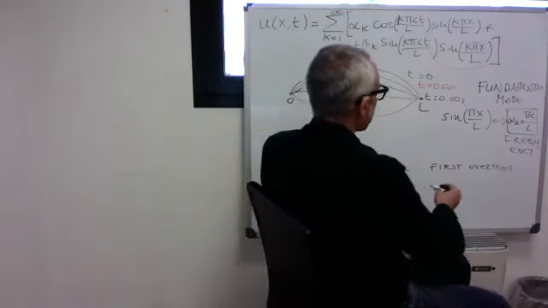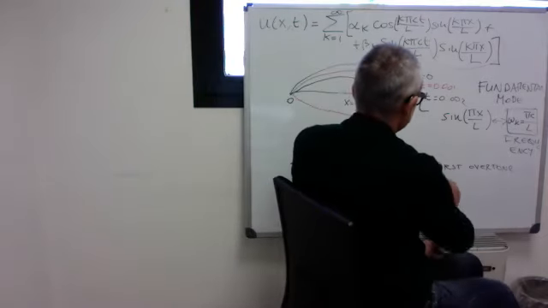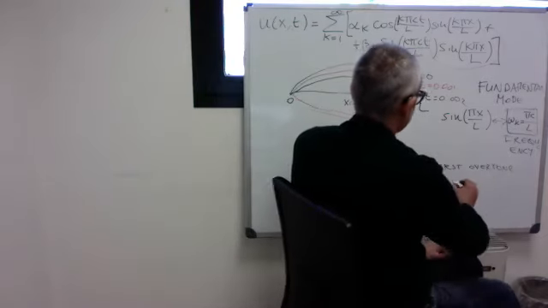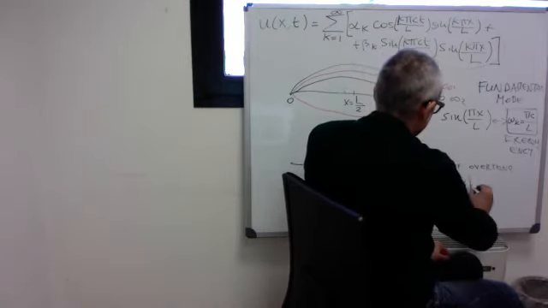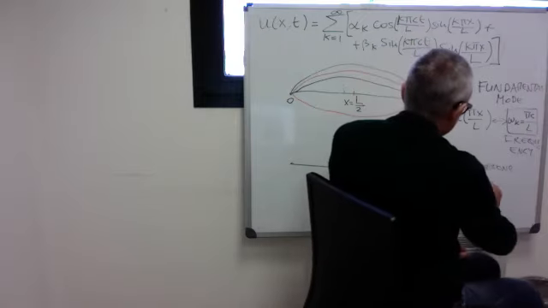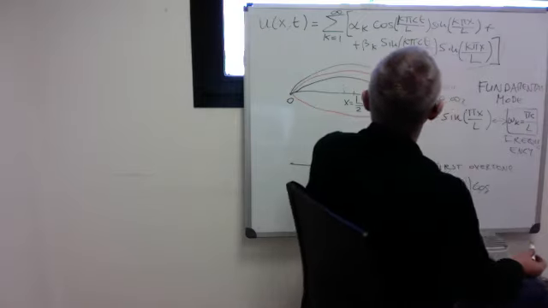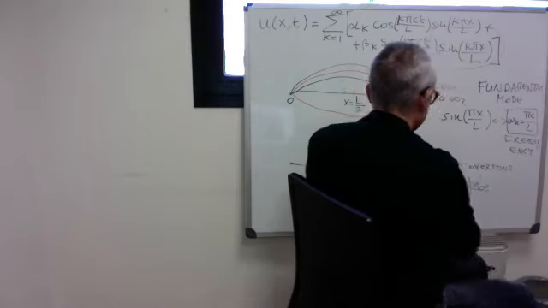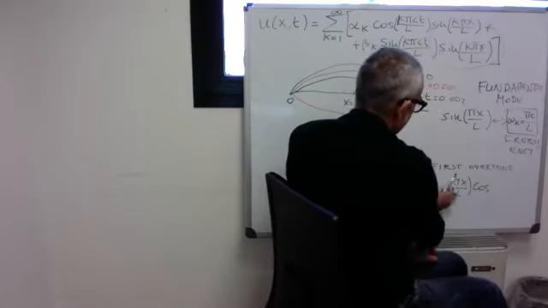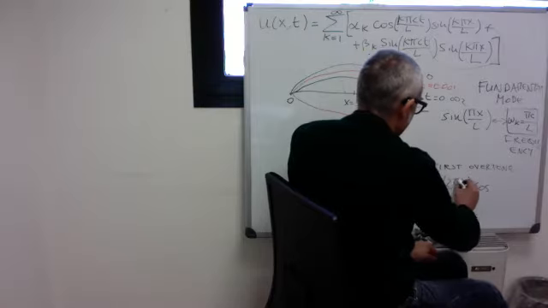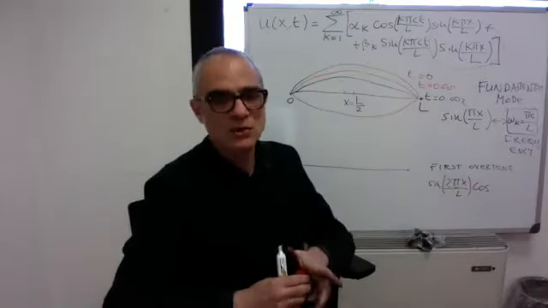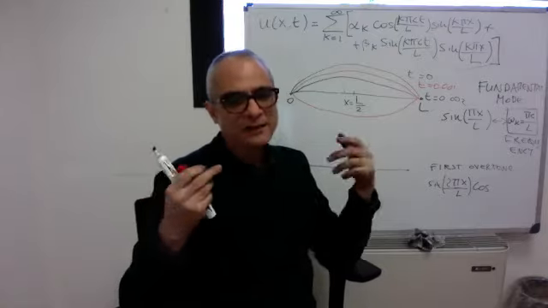So the spatial eigenfunction would be the sine of pi x over L, which gets multiplied by the cosine of, I'm sorry, the sine of 2 pi x over L for the first overtone. We replace k with 2. I'm sorry, because we called 1 the fundamental mode.